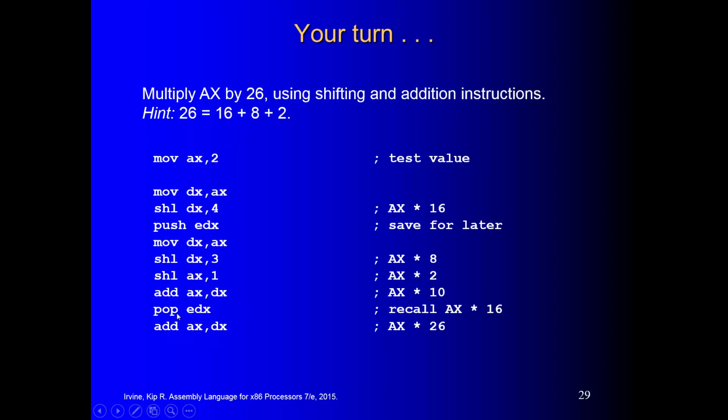Pop, that means restore the result into EDX. Then you add whatever is in EDX into AX. So this will hold the result of AX multiplied by 26. That's the result in AX.